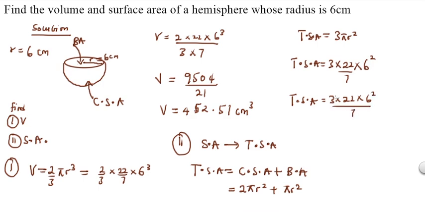If you multiply the numerators only, 3 times 22 times 6², we get 2,376. Now this is divided by 7. So 2,376 divided by 7, we get 339.43 centimeter square. So this is the total surface area, while this is the volume of the hemisphere.